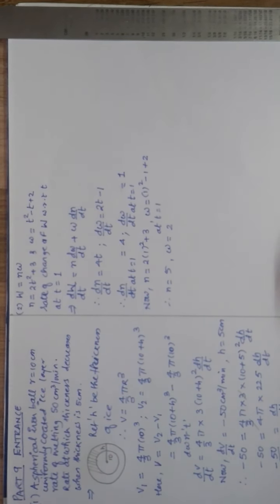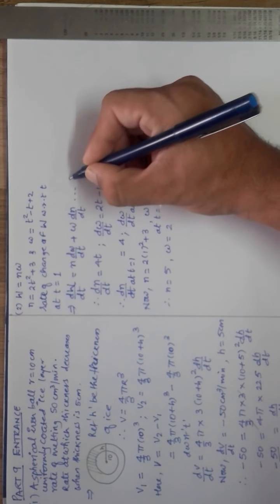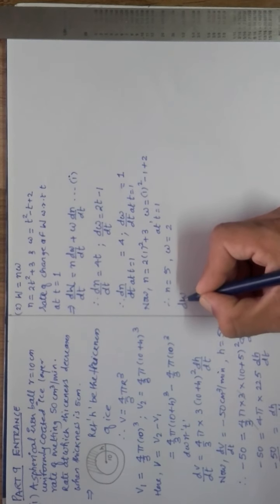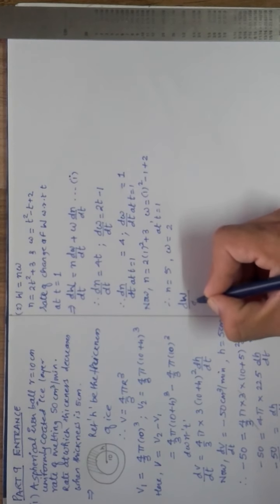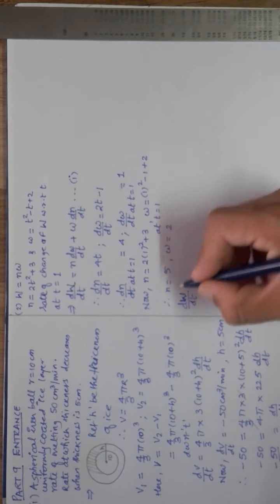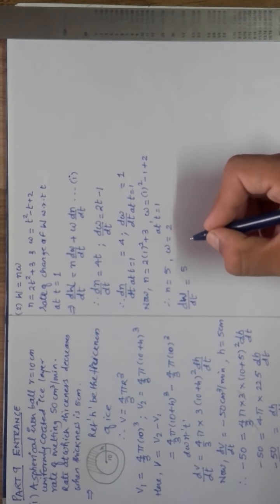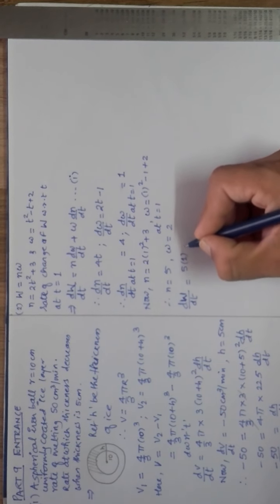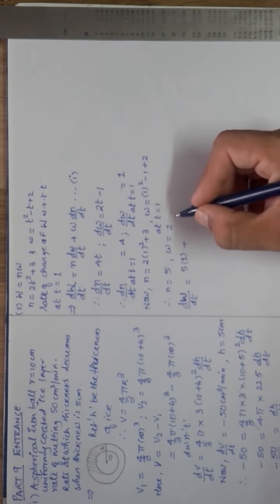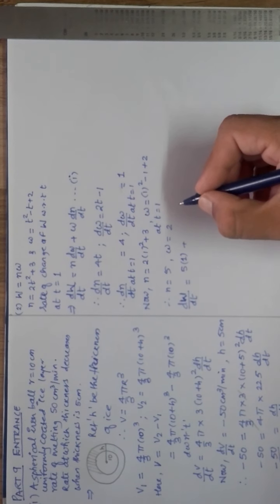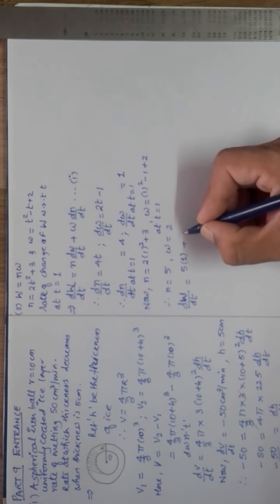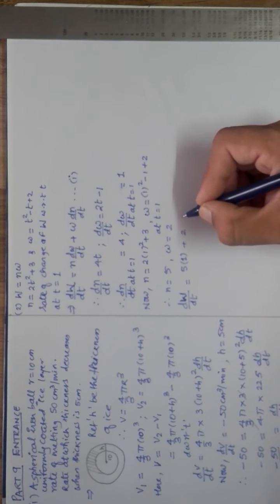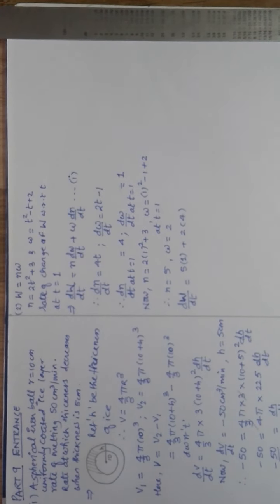Agreed? Substituting all this in equation number 1. So what I get? dW/dt is equal to N which is your 5, dw/dt which is your 1, plus small w which we have found out to be 2 and dN/dt as 4. Let me once again check.